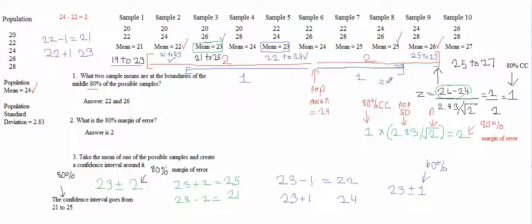You would take 25 minus 24. It's the mean of the sample minus the population mean again, over the population standard deviation over the square root of 2.